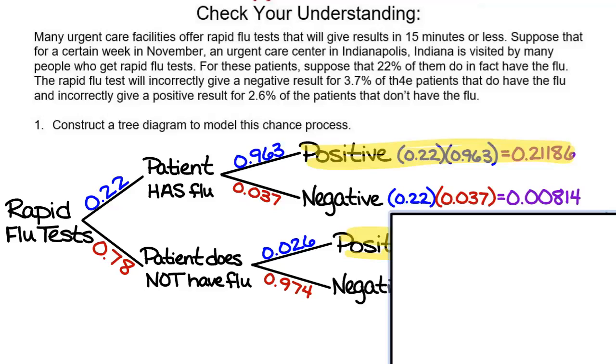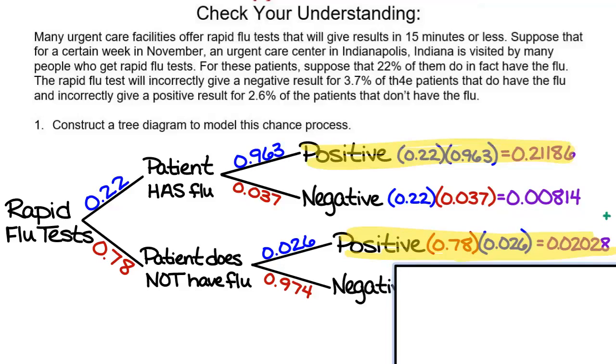Probability that they don't have the flu and still tested positive for it. How do we calculate that? Yes, 0.78 times 0.026, we get 0.020. And then the probability they don't have the flu and they tested negative.